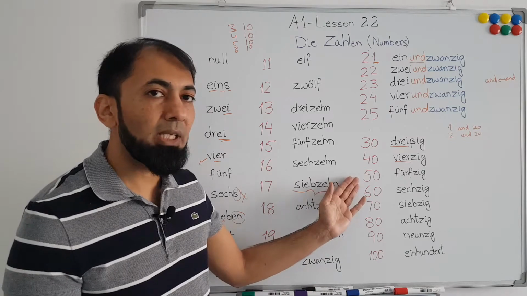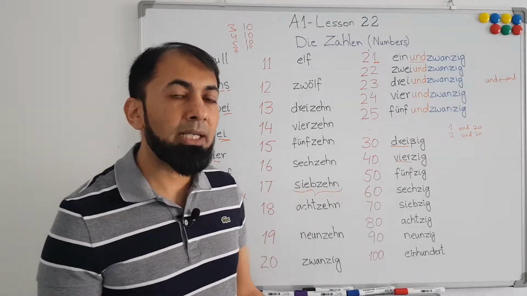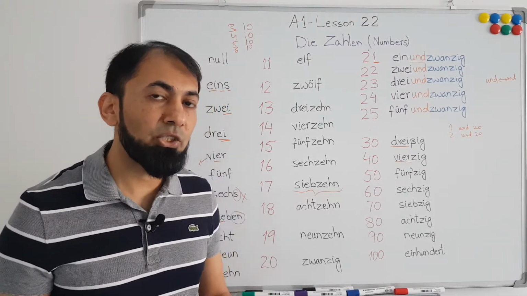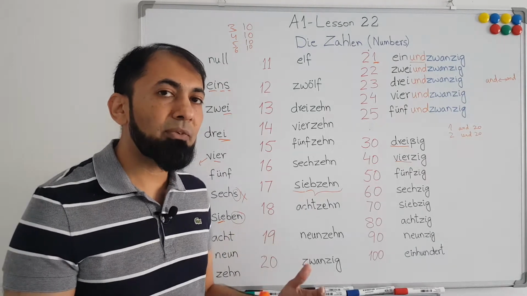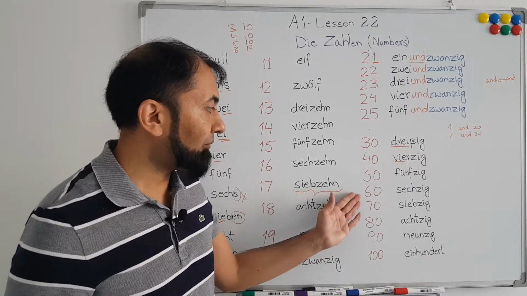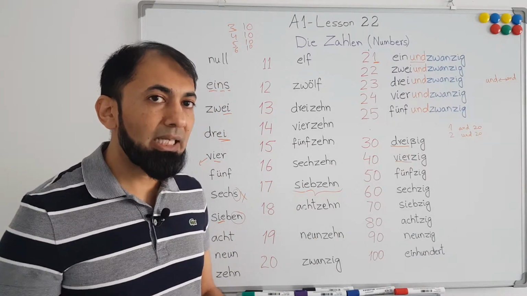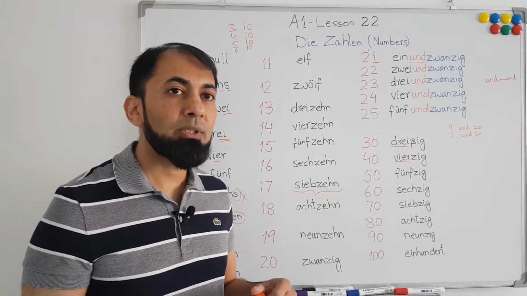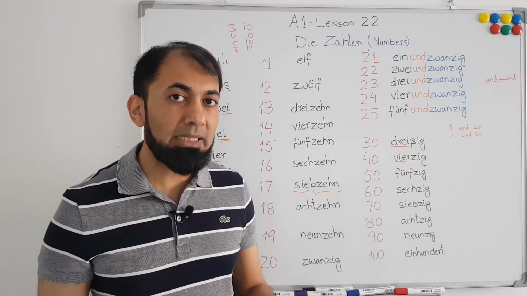Then comes 50, fünfzig. 51, ein und fünfzig. 52, zwei und fünfzig. 53, drei und fünfzig. Until 59, which will be neun und fünfzig. Then we have 60, sechzig. 61, ein und sechzig. 62, zwei und sechzig. 63, drei und sechzig.